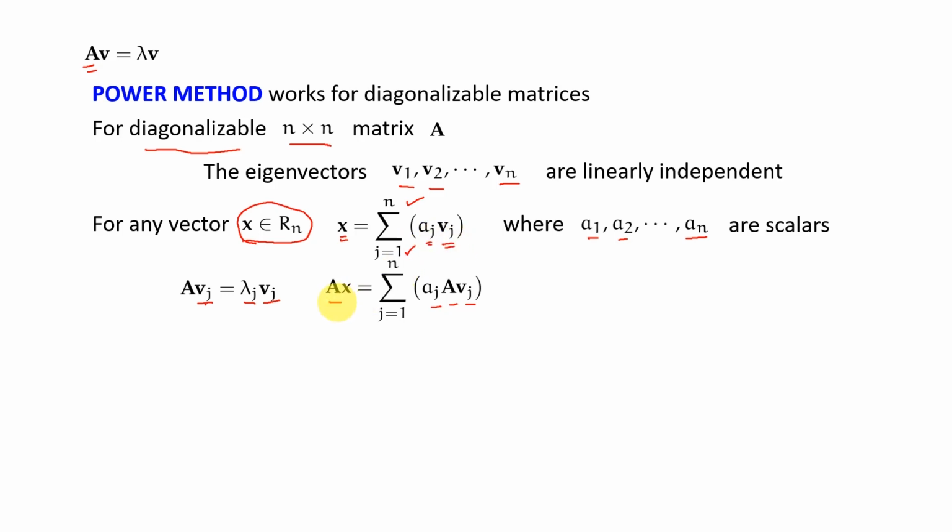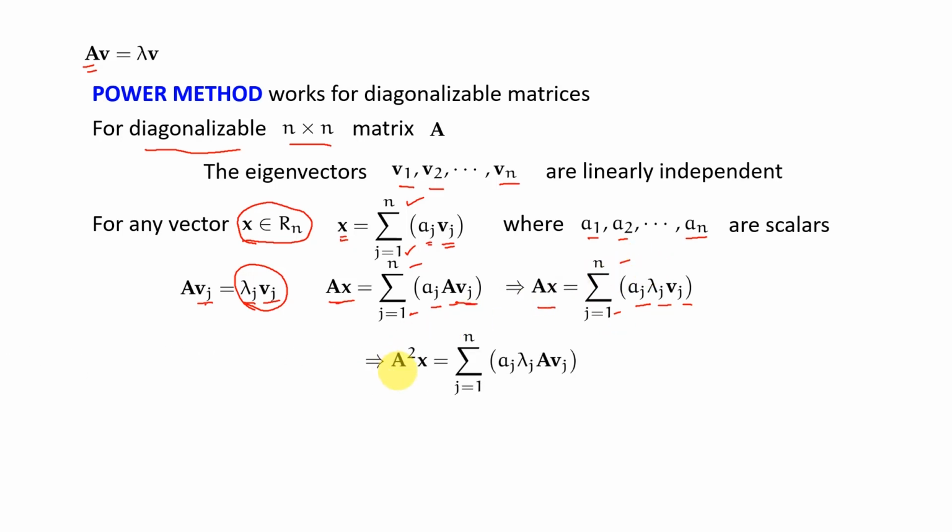So if I multiply A both sides, then I have Ax equals sum aj A vj. aj is simply a scalar, and aj A vj is summed over j equals 1 to n. Now we know that A vj is equal to lambda j vj, so I can write lambda j vj here. So Ax equals sum aj lambda j vj, which is summed over j equals 1 to n.